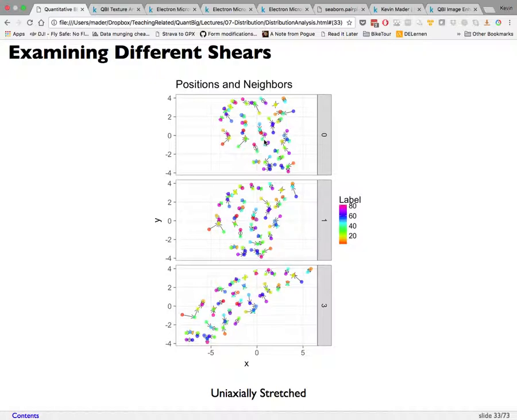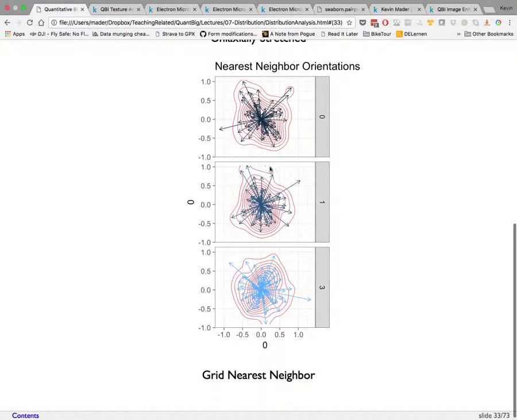And as we start to shear this system more and more, we see the distribution for nearest neighbors doesn't actually look that much different than it did before. We have maybe some small changes. Certainly the angles are not the same as they were before, but it's not entirely clear that there's a trend as we perform this shear.